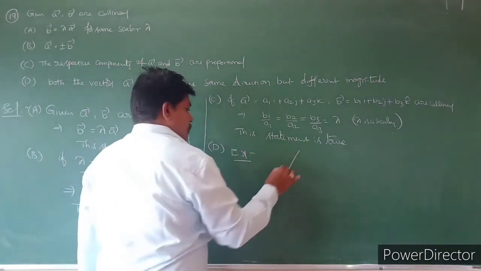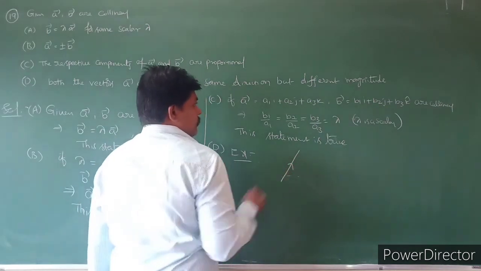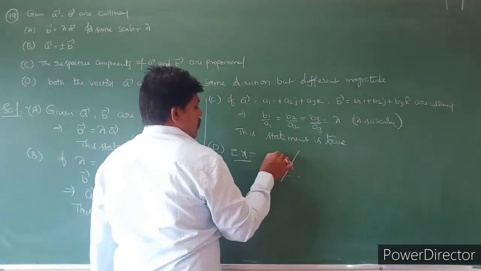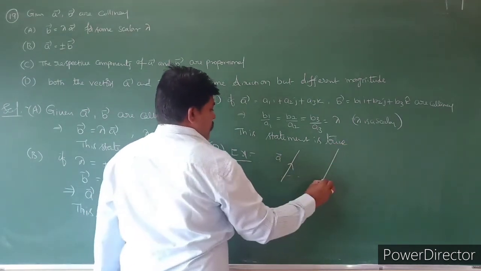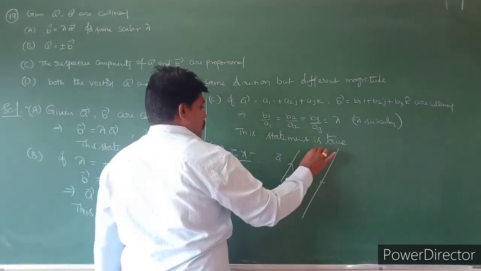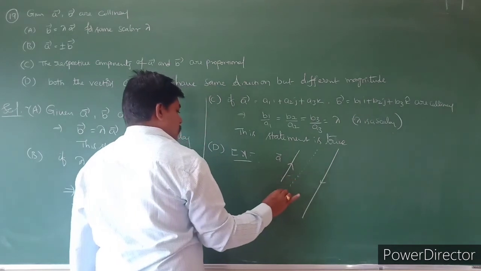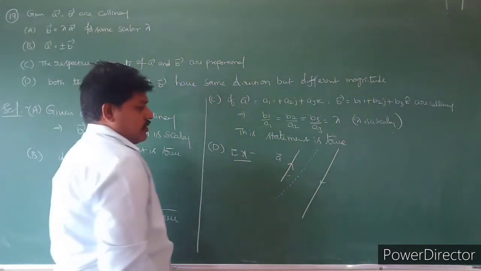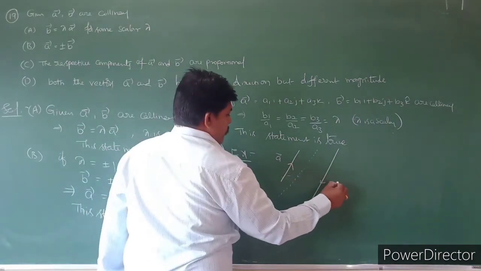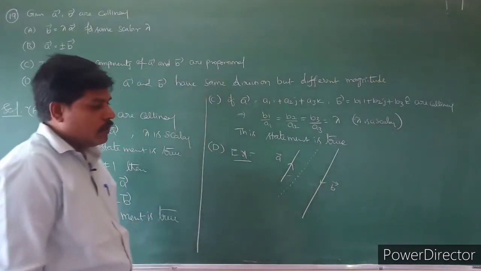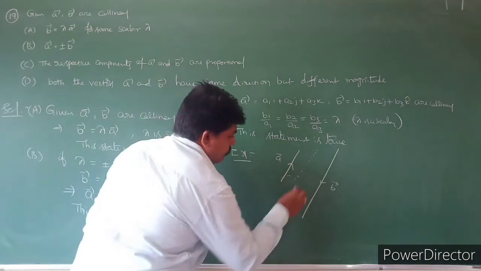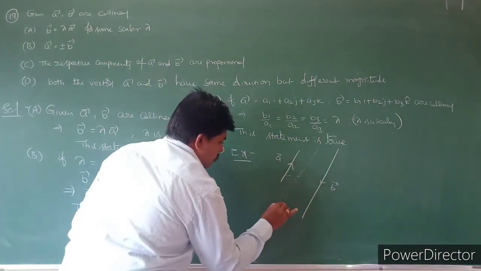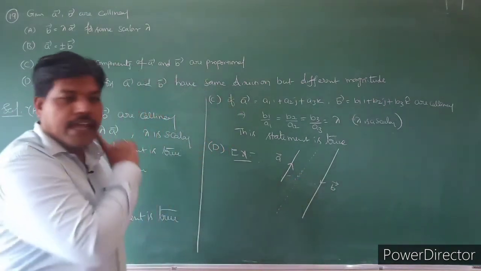See this one. This is the a bar vector. This is the b bar vector. So see the example.